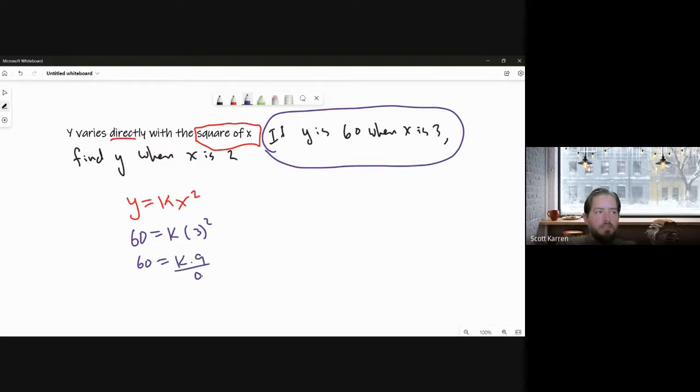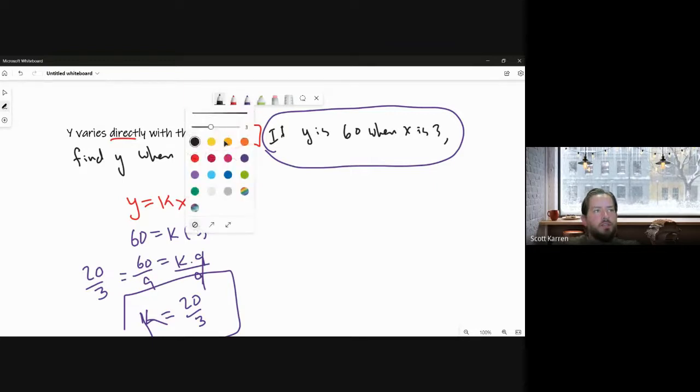And so I'll divide each side by 9. 60 is not divisible by 9, but I can simplify that down to 20 over 3. And so I have that k is equal to 20 over 3. But I have k. And then I can come in and say, great, they gave us a question over here.